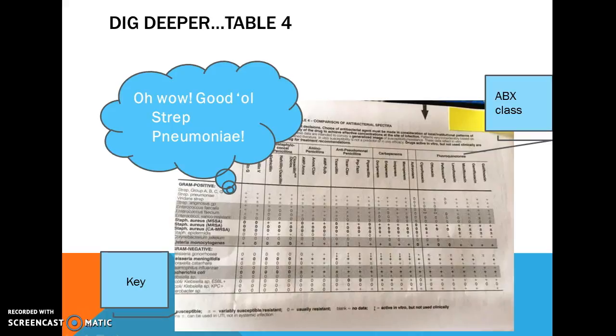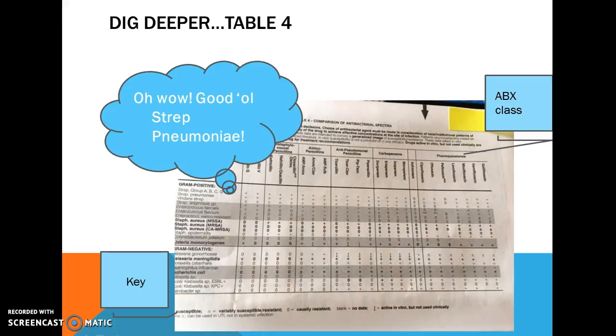So, for instance, in the case of our otitis media, as we will discuss in the lecture, we have a causative organism being prevalent there, Strep pneumoniae.